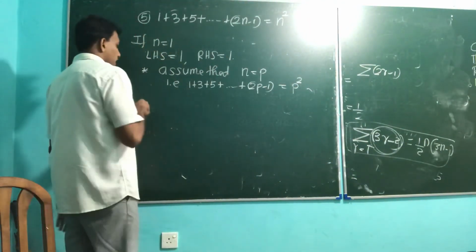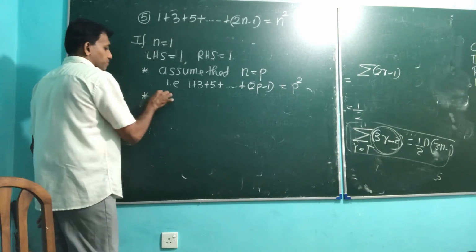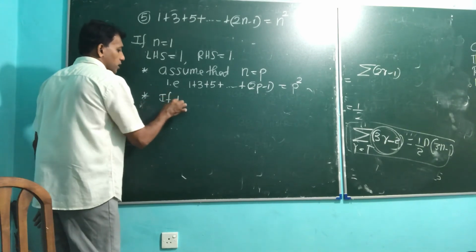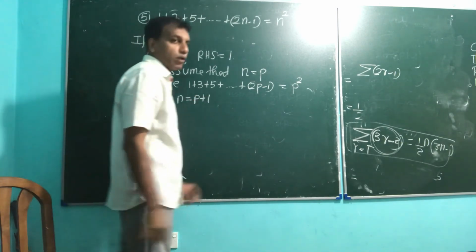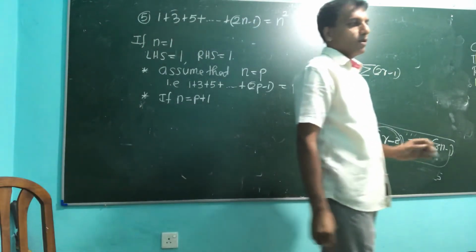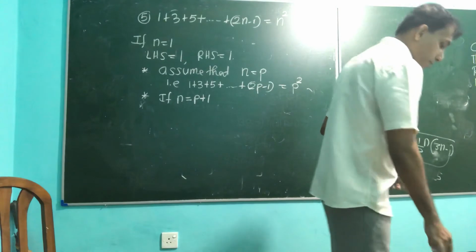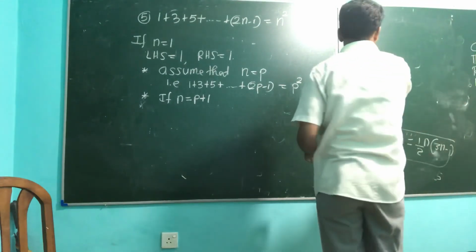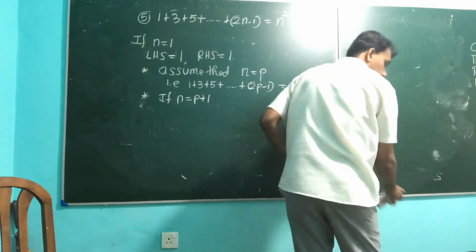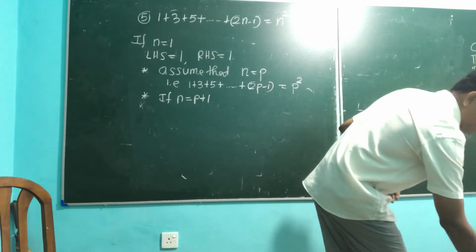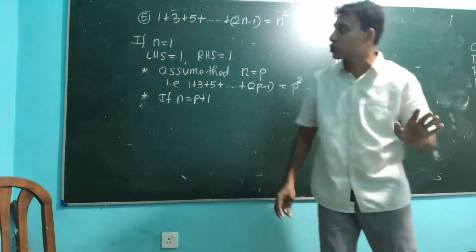Okay, next write n equal p plus 1. If n equal p plus 1, write the term sum for p plus 1. Before the answer, think about what the final form is when you apply n equal p plus 1.